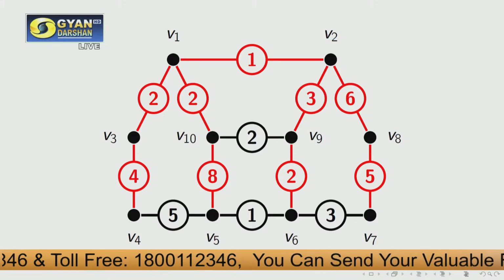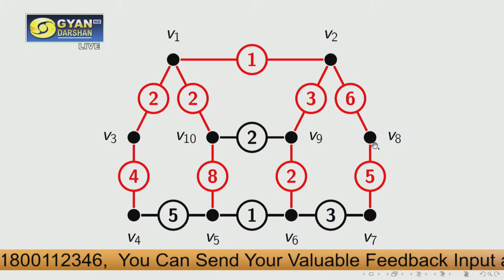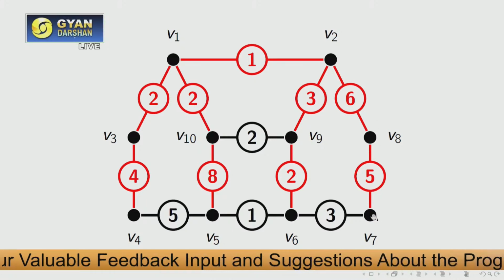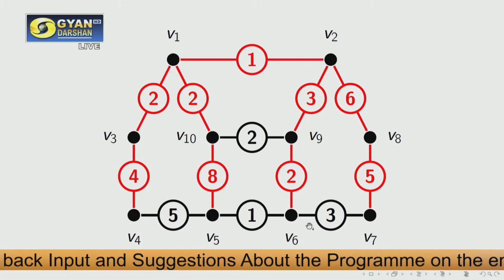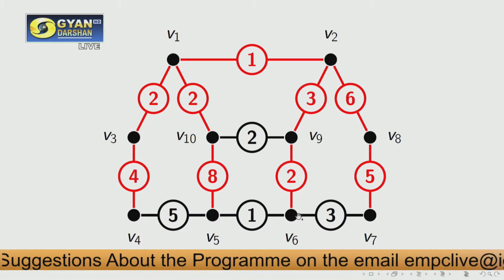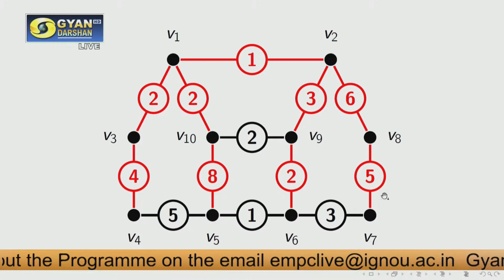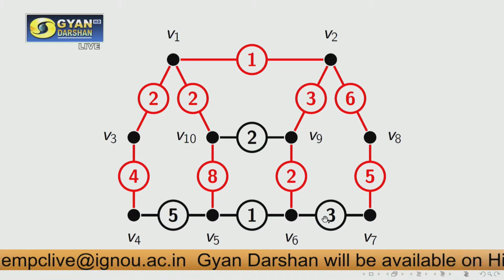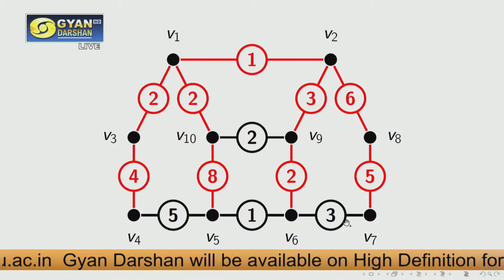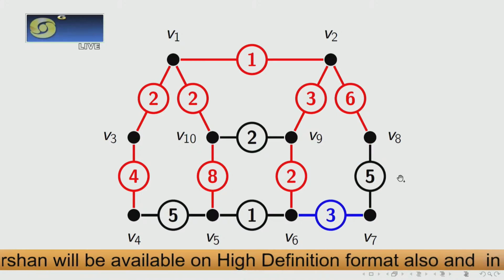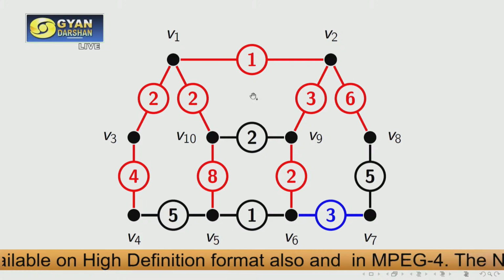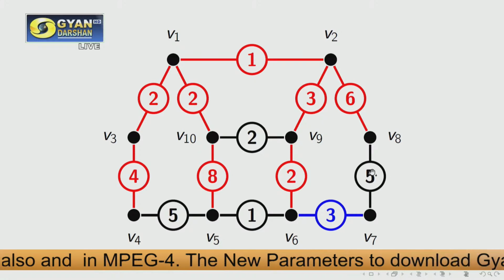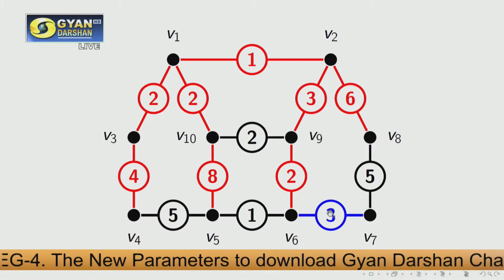Let's see. Just concentrate on this edge V7 V8. You can see that its weight is 5, and now look at the edge V6 V7, its weight is 3. So if you replace this edge with this one, you will get another tree, as shown here. This resulting graph is still a spanning tree, because we have just deleted one edge and added one edge.